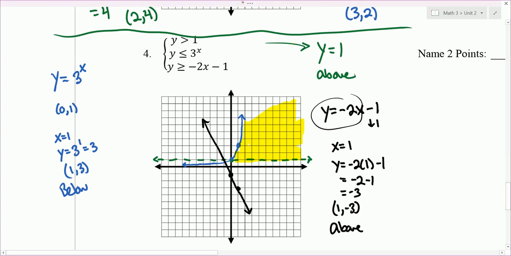So then we're going to pick 2 points in that shaded region. Let's see, over at 1, 2, 3, up 1, 2, 3. So (3, 3) works.